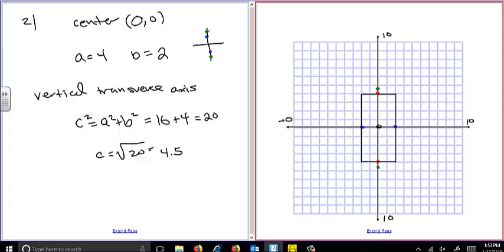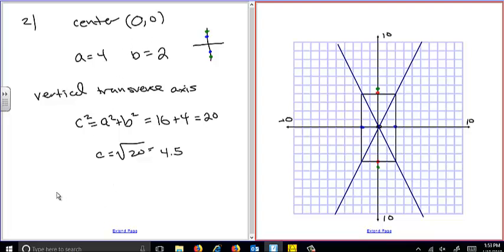And then we can draw some diagonals through there. Okay. Now we'll draw the hyperbola in just a second. Let's go back and figure out what we got here.